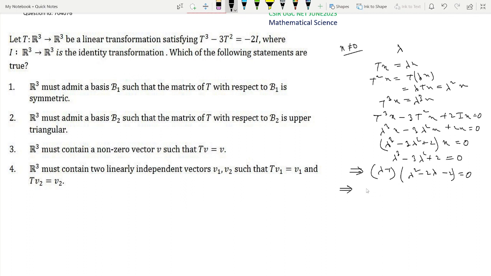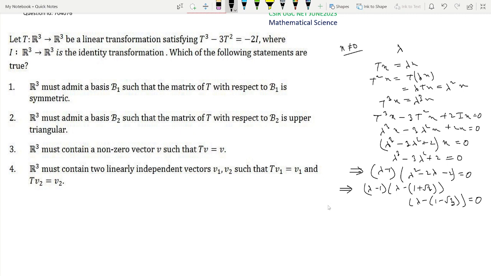Then the roots of the second factor are 1 plus root 3 and 1 minus root 3. So this is lambda minus 1 plus root 3 into lambda minus 1 minus root 3. So see, there are three distinct roots of this equation.